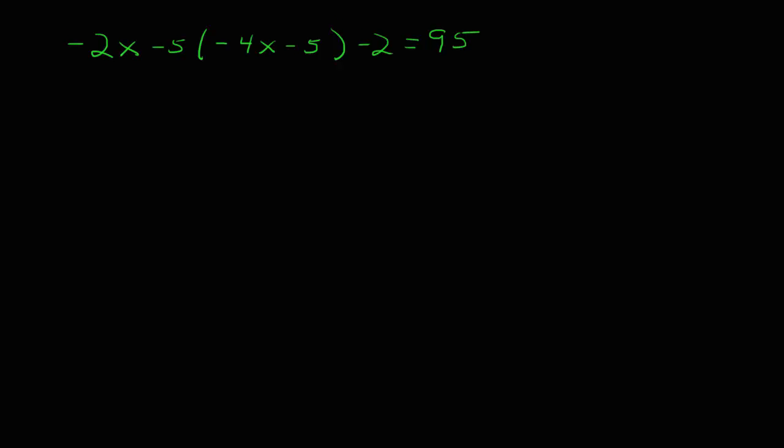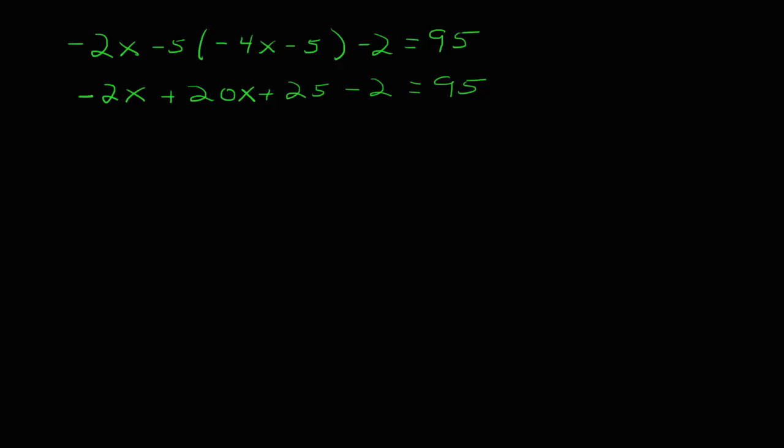Once again, we have a distributive property that we will take advantage of first. -2x is unchanged. -5 times -4x is 20x. -5 times -5 is 25. The minus 2 is unchanged. That's equal to 95. We're going to combine our like terms.